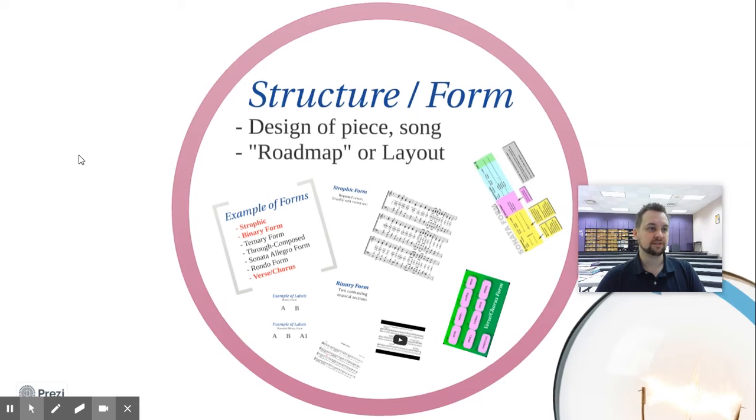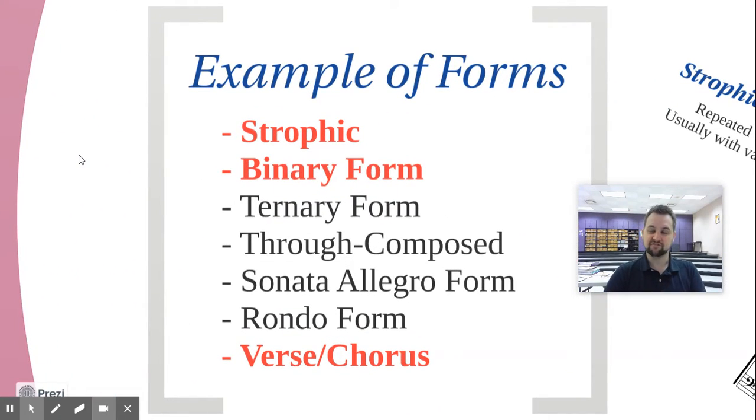Okay, so let's dive into some examples of form. The red ones you see are the ones we're going to talk about today. The black ones are important and we'll talk about at a later date. So the first is strophic. We have binary form, ternary form, through composed, sonata allegro, rondo, and verse chorus.